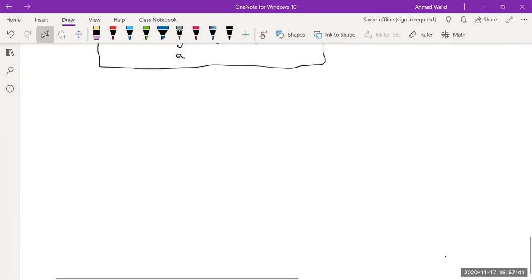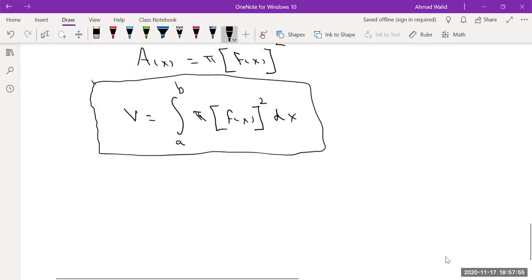I will start with a few examples here. First, I will rotate my function about the x-axis, and then I'll do some examples where you rotate your functions about the y-axis. One more thing before I forget, we name this method the disk method, correct? Why disks?